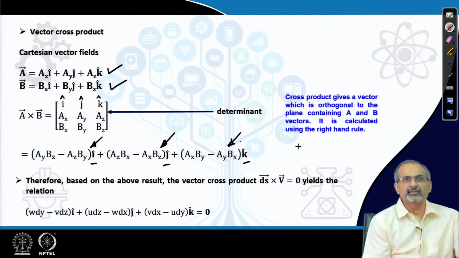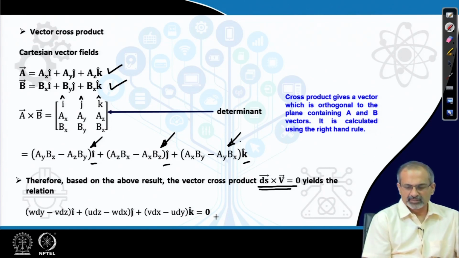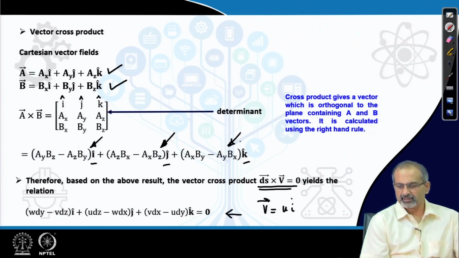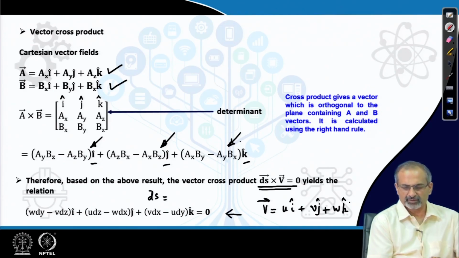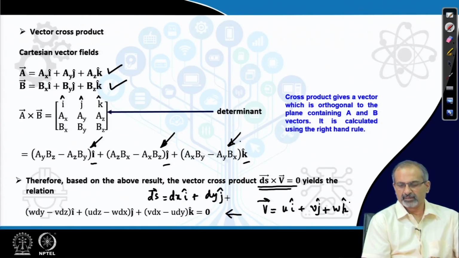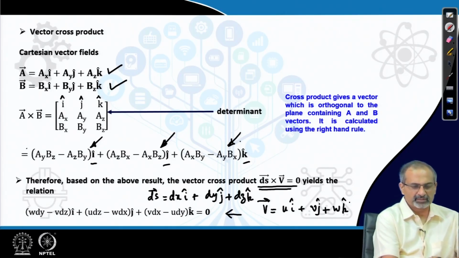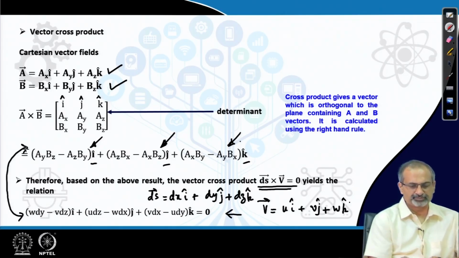Now, using this result, we can very easily check what would be the outcome of this cross product d s cross v. So, that will yield this relation. Remember that v is nothing but u i plus v j plus w k, and d s comprises of d x i plus d y j plus d z k. So, now you can take term by term and compare between this result and what you have at the bottom.